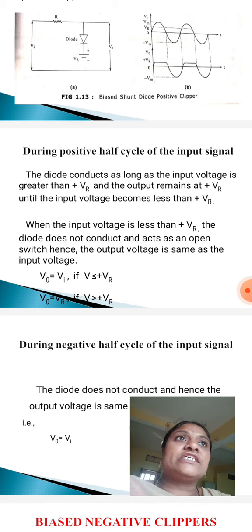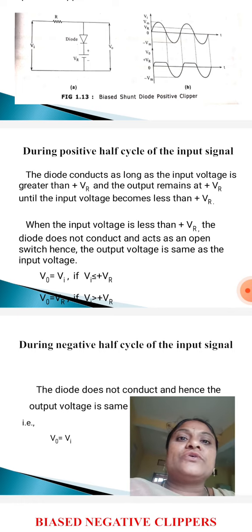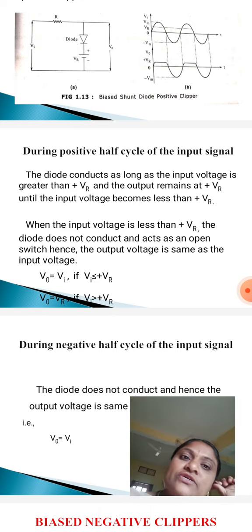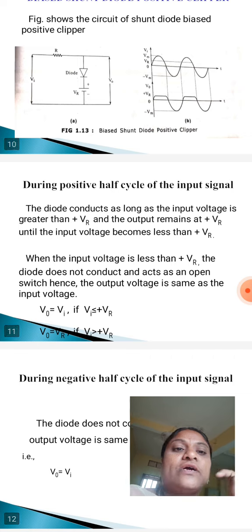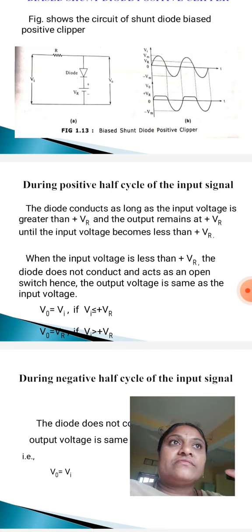Diode conducts means it is forward biased, because observe this diode in this circuit. The diode conducts as long as the input voltage is greater than plus VR and the output remains at plus VR until the input voltage becomes less than plus VR.